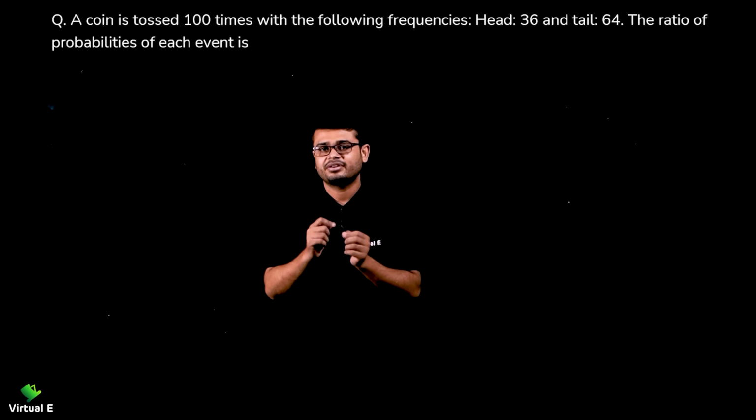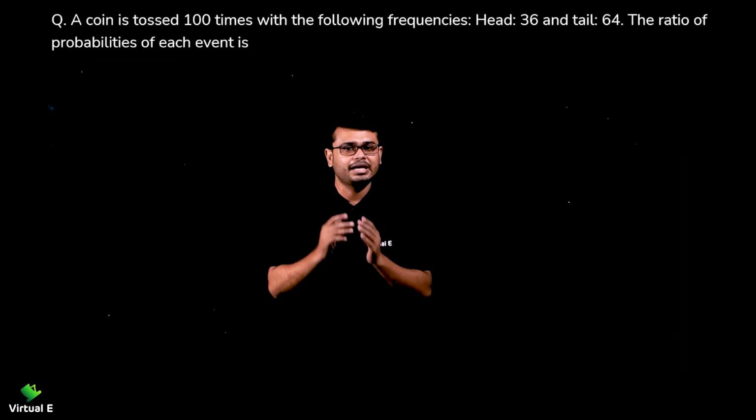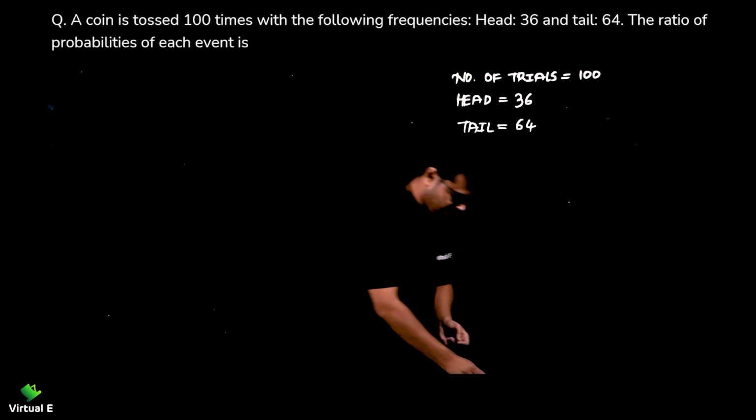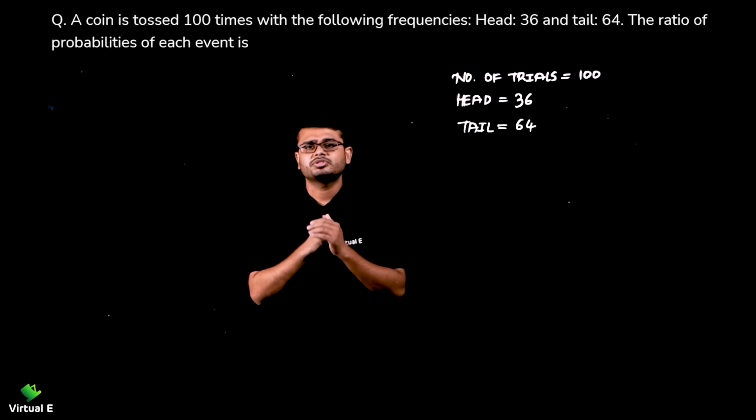Let's discuss one interesting question related to coin and ratio. Let's start. A coin is tossed 100 times with the following frequency. Head is coming 36 times and tail is coming 64 times. Find the ratio of probabilities for each event. Okay, now what are we supposed to do?